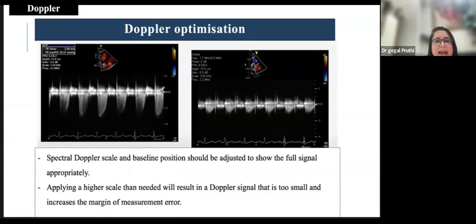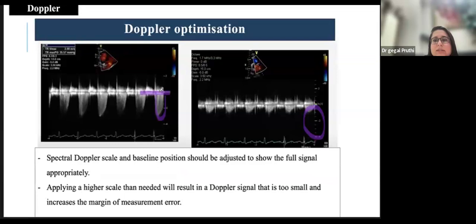This is your scale and this is your baseline. The spectral Doppler scale and baseline position should be adjusted to show the full signal appropriately. If you apply a higher scale than needed, it will result in a Doppler signal that is too small, and it increases the margin of measurement error.